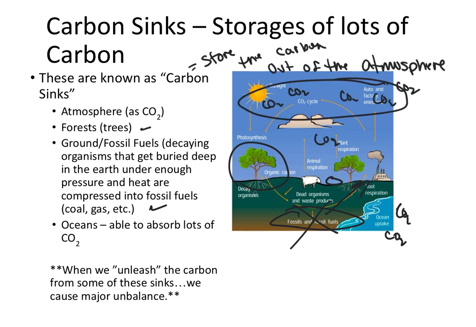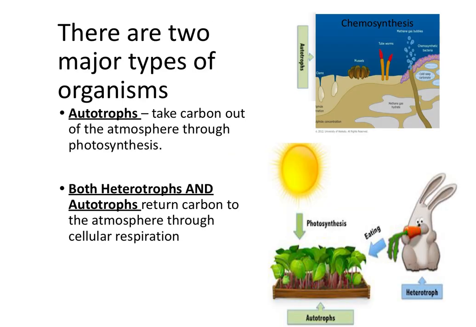So whenever these carbon sinks get messed with, they're unfortunately going to produce more carbon, which is going to end up warming the earth a little bit more. And so remember, these two organisms, autotrophs and heterotrophs, both are vital in transporting that carbon within our biological system.